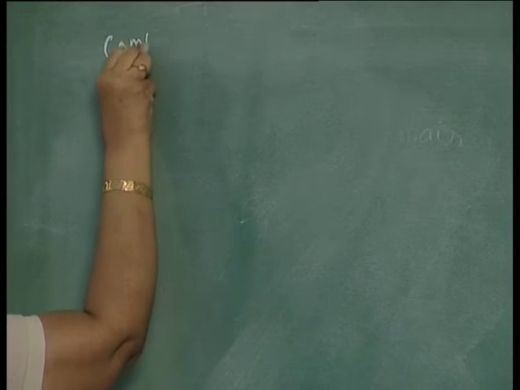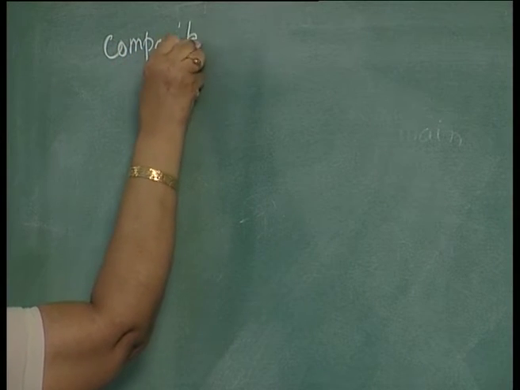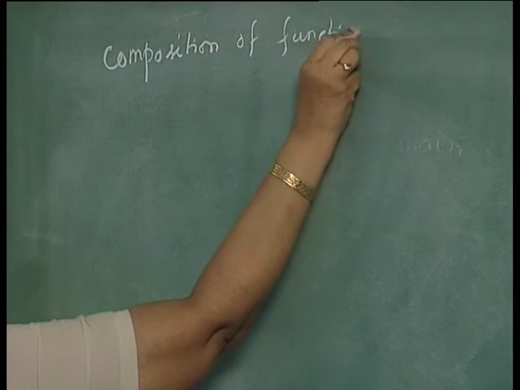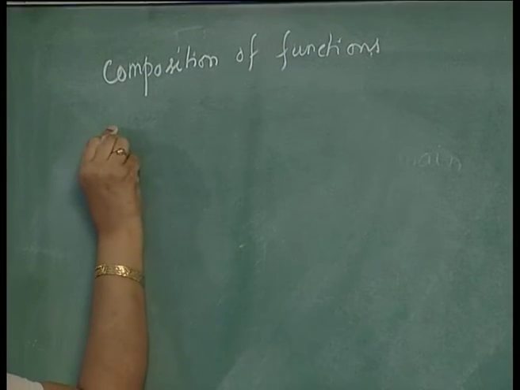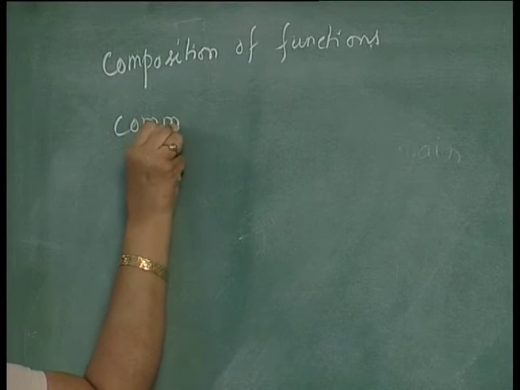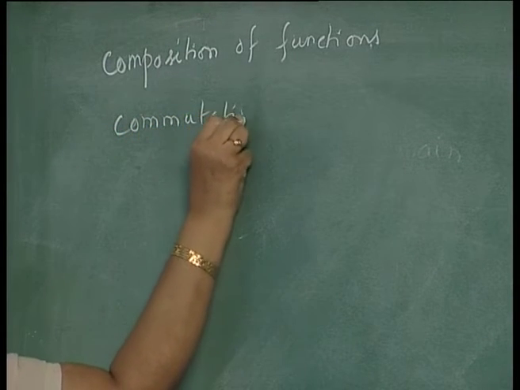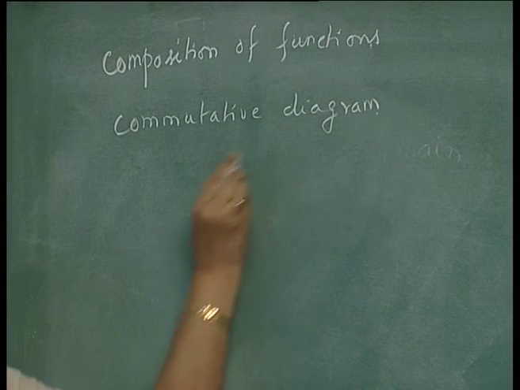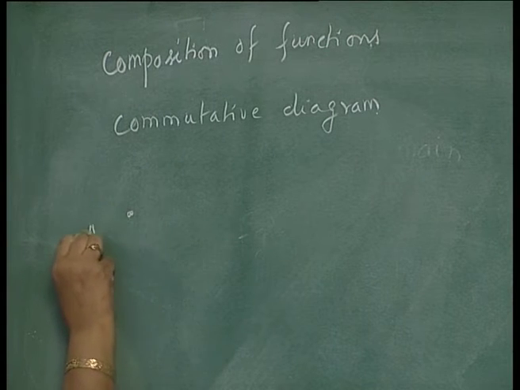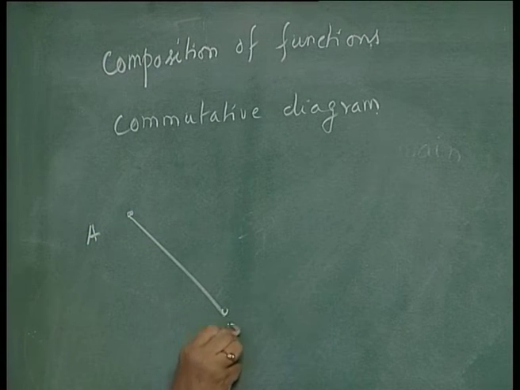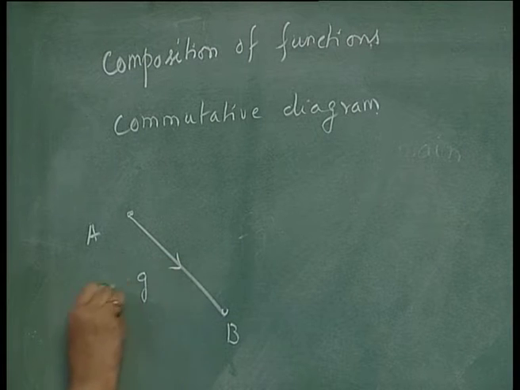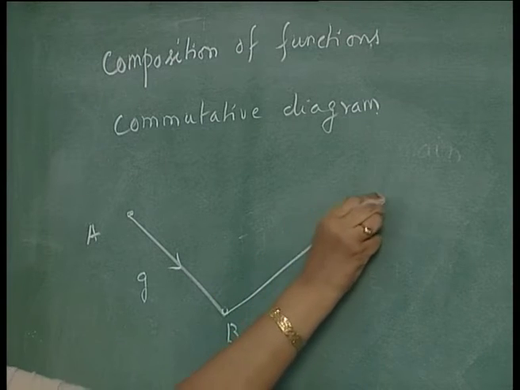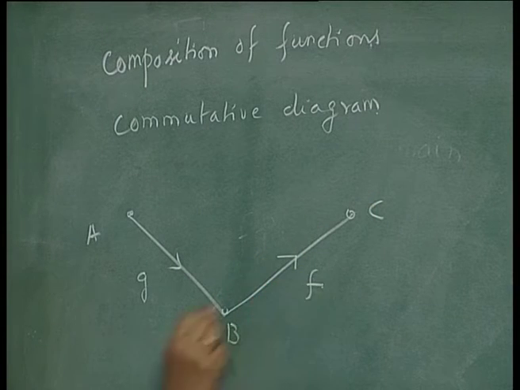Composition of functions, which we have considered, is represented using a diagram known as the commutative diagram. How is this represented? For example, A to B you have g. g is a function which maps A onto B. Then B to C you have a function f.